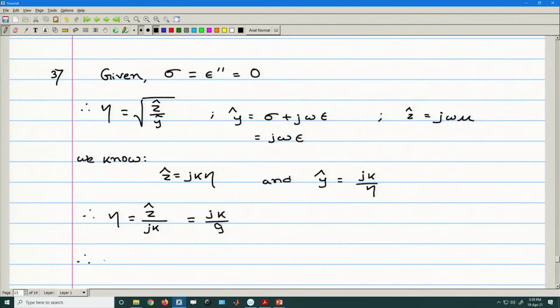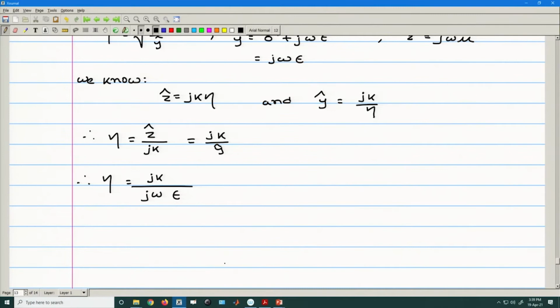Therefore, substituting for z and y, we get eta as j k divided by y, which is j omega epsilon. So, j cancels out, we get k by omega epsilon.